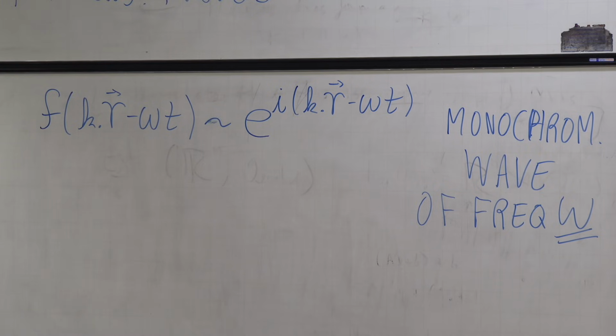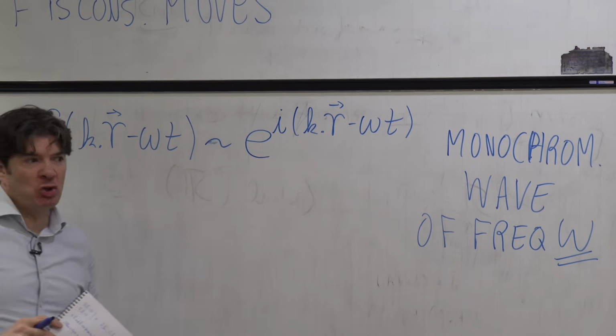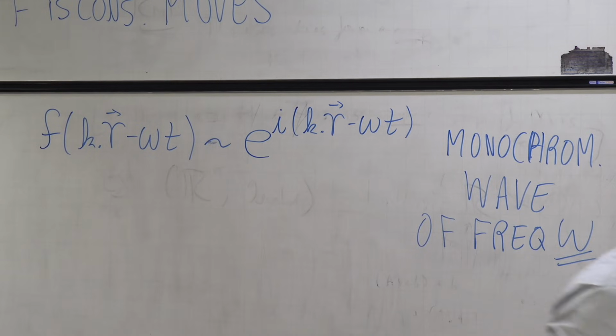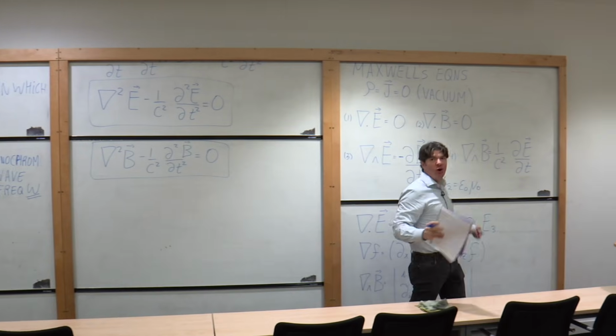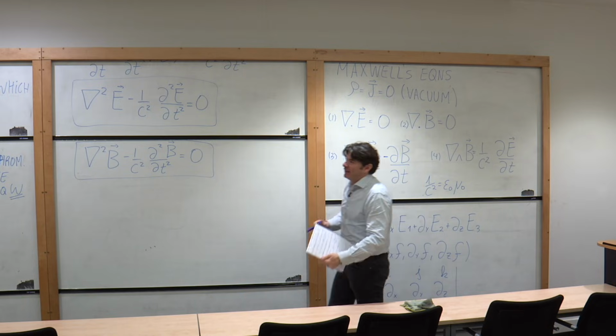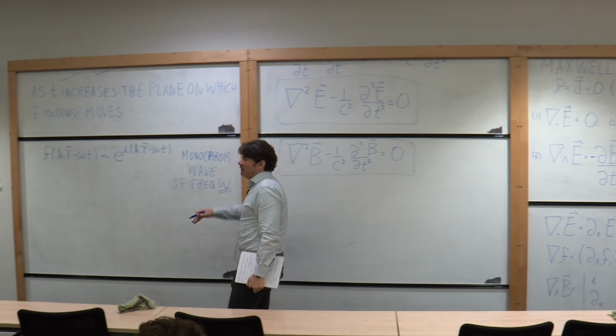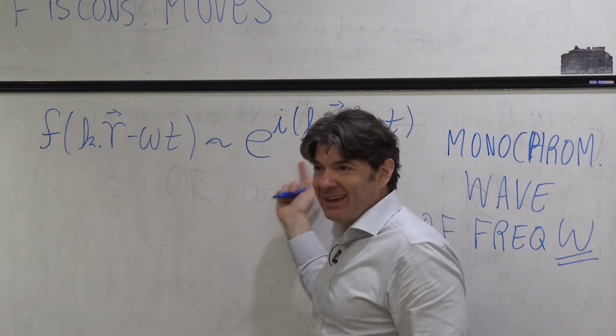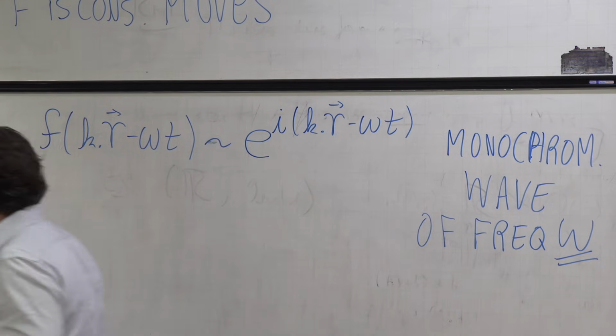That's correct. So we are taking a specific function, and we can take any function, right? We could have taken the hyperbolic tangent. We could have taken e to the e to this, and the differential equation still works.